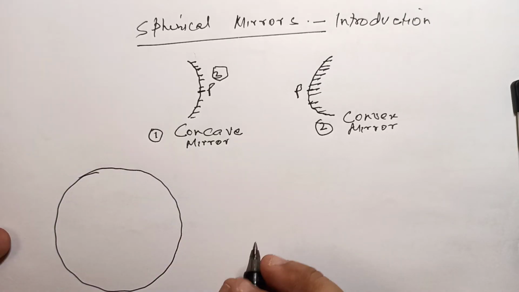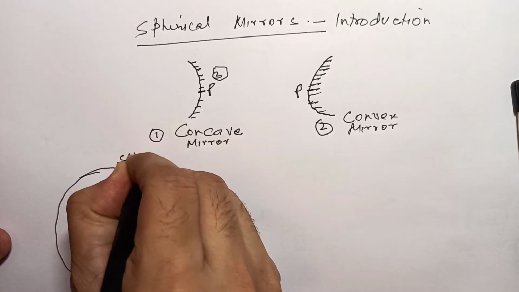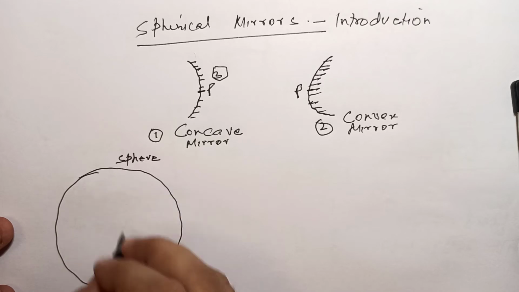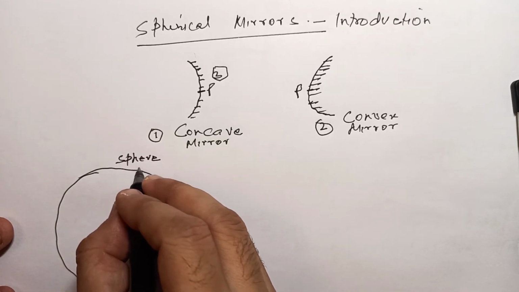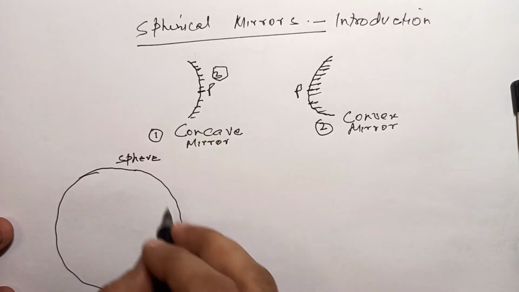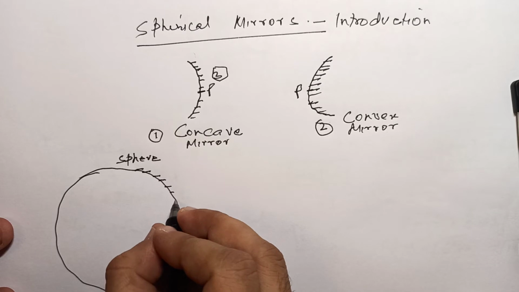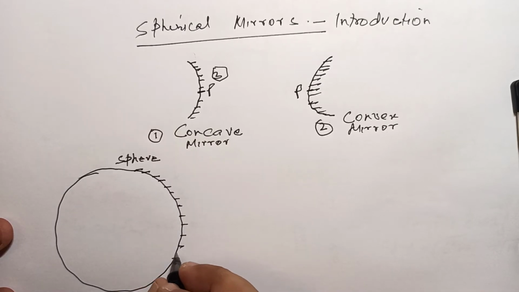Now in the sphere, if we paint half of the mirror this way, from which is caving in and from outside, this is called what?